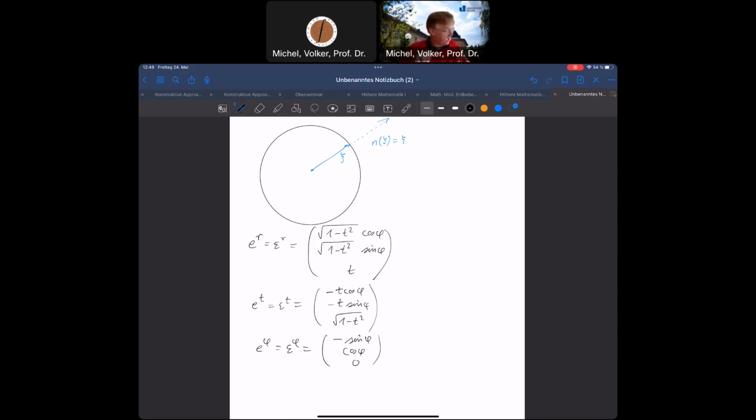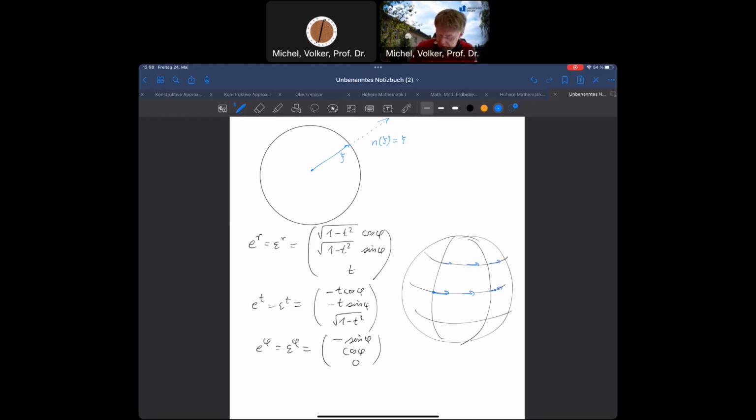If you have a closer look at these vectors, which you get in the end, then you will find out that, so that's a sphere now with the latitudes here and the longitudes here. Now the epsilon t vector, let me maybe start with the epsilon phi vector. The epsilon phi vector obviously does not have a component in the third direction, so it's always parallel to the x1, x2 plane, and actually pointing towards east.